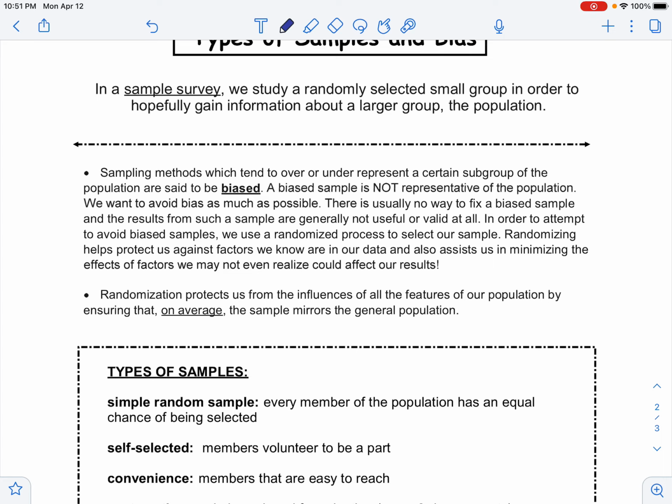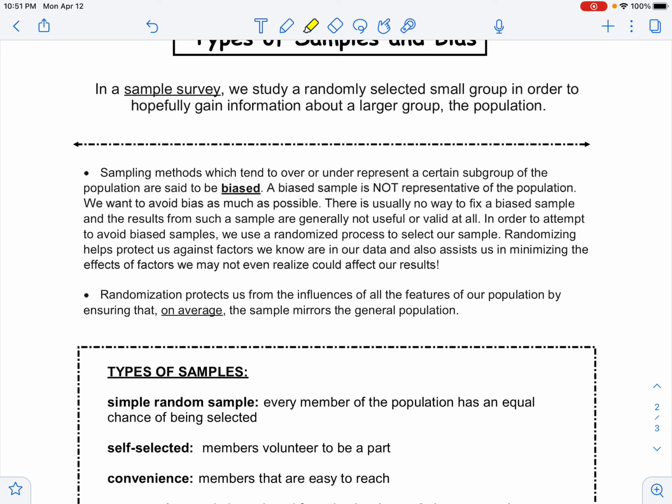And so there's the ones that you know could give bias, but the things that you might not have even thought of could still bias your results. That's why randomizing is one of the best ways to help you get a good sample.